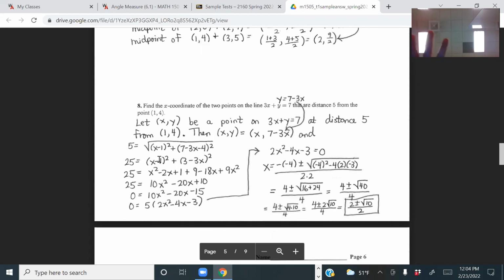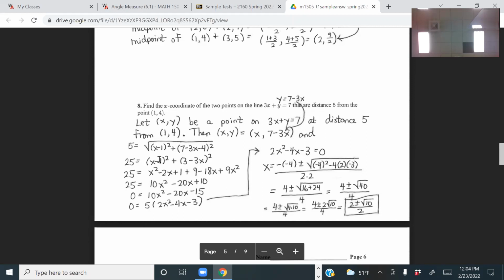It would be better if this point were not on this line, but it doesn't matter. You can still go through the solution of the problem the same. It just makes the problem a little bit less interesting, unfortunately.